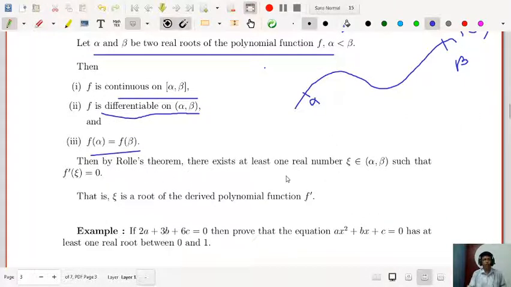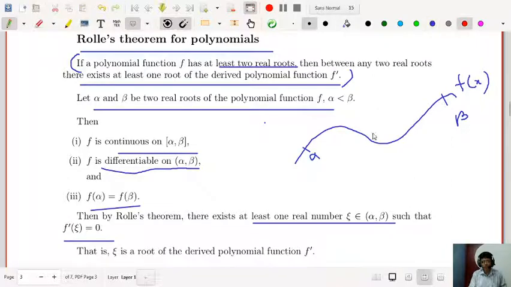Then by Rolle's theorem, there exists at least one real number xi belonging to (alpha, beta), such that f dash xi equals 0. Suppose this is your xi.